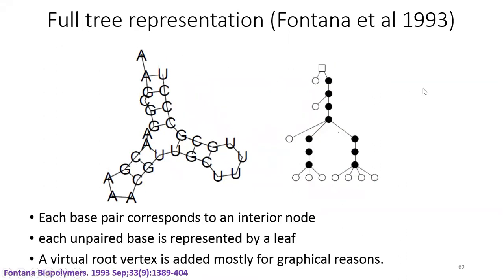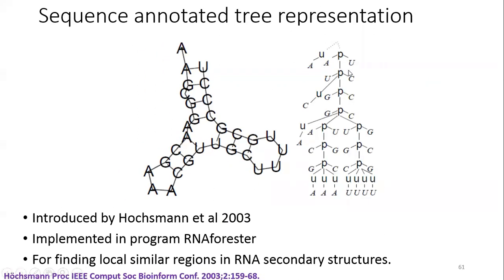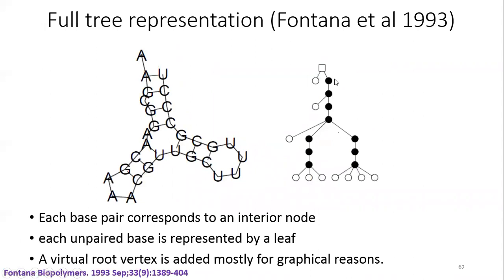Okay. Next, in 1993, Fontana et al. first proposed the full tree representation, in which we don't consider letters, but we denote the base pairing in symbols. Each base pair corresponds to an interior node, while each unpaired base corresponds to a leaf.